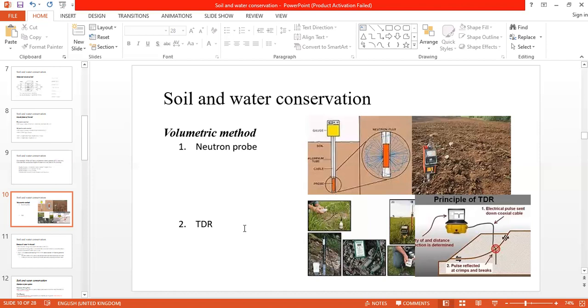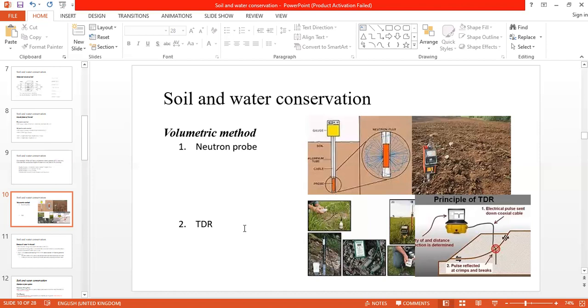If there's a lot of water in the soil, the speed, like we said, will be reduced, so it will take a lot of time for it to go and come back. The more time it takes, the more water there is in the soil. But if it goes and comes back fast, then you know that there's less water in the soil.